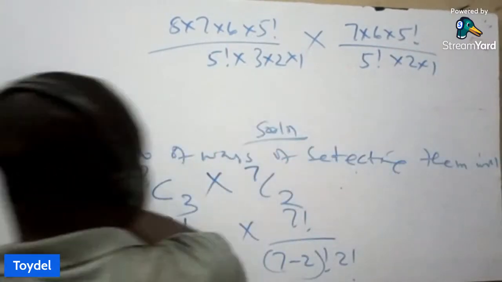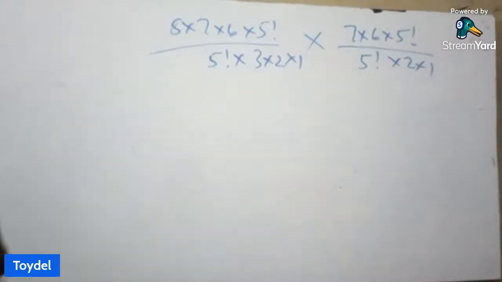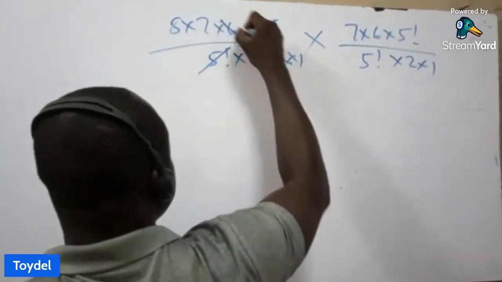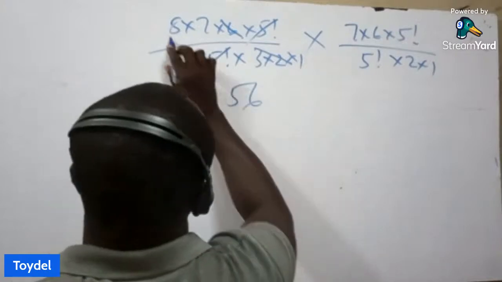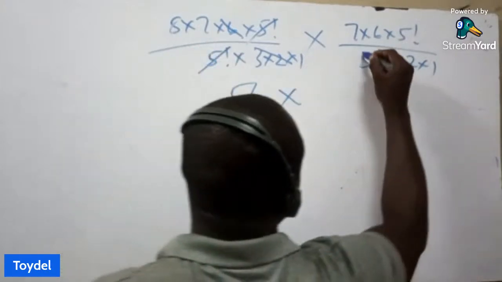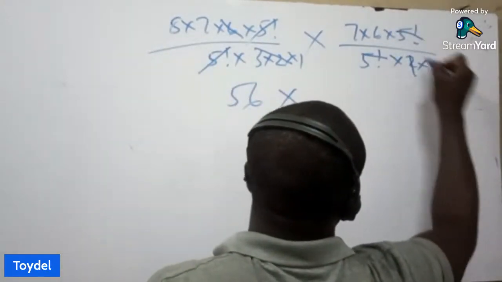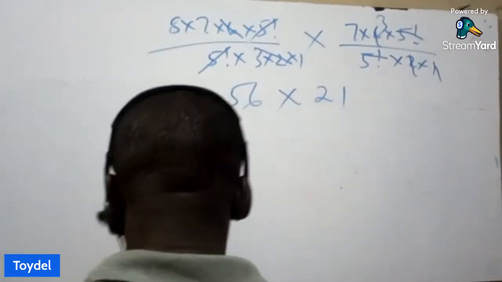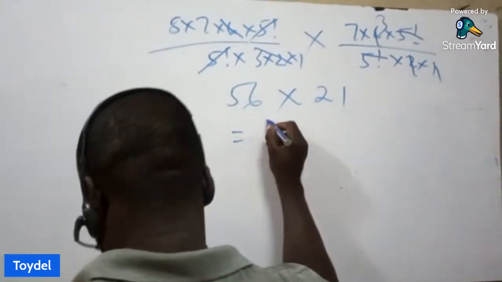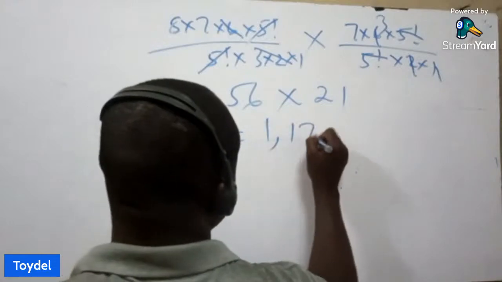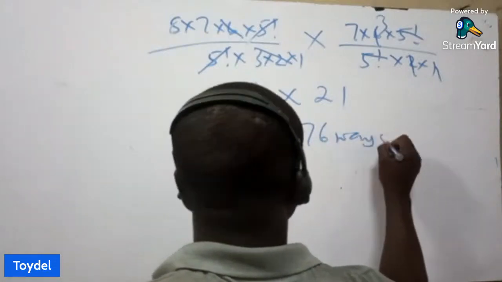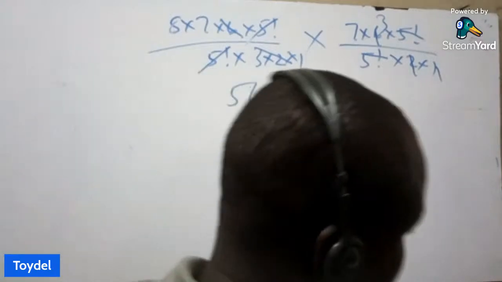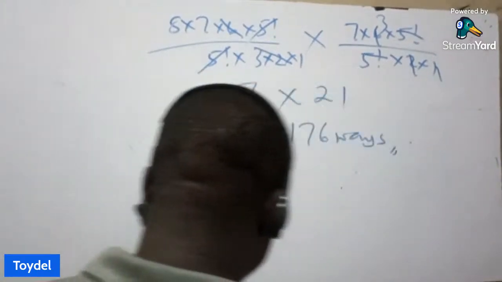Then if I do that correctly, 5 factorial takes care of 5 factorial. 3 times 2 is 6. We take care of this. I'm going to get 56 here, 8 times 7 is 56. Multiplied by this, we cancel this. Here 1, here 3. 7 times 3 is 21. So the number of ways of selecting them will now be 56 times 21. And that will give us 1,176 ways. So that's what we're going to get. 1,176 ways.